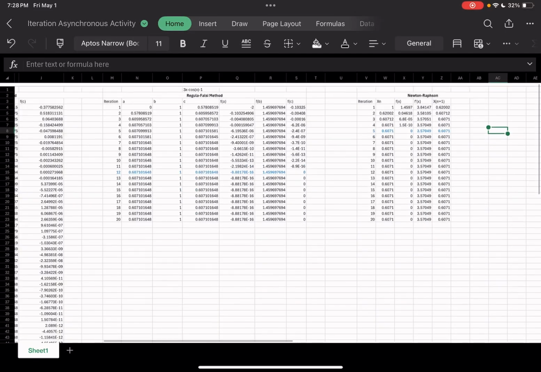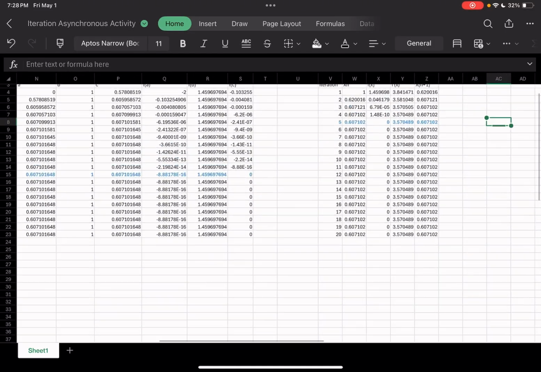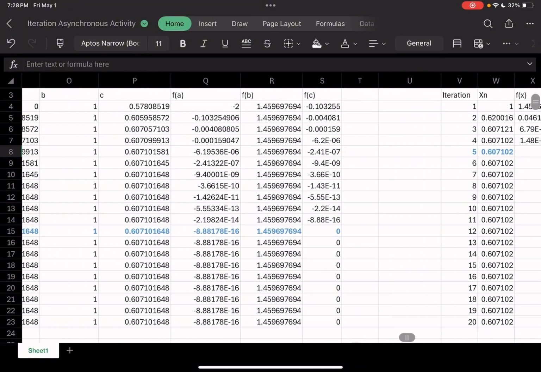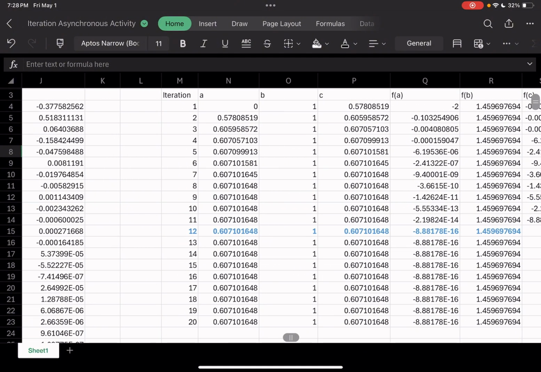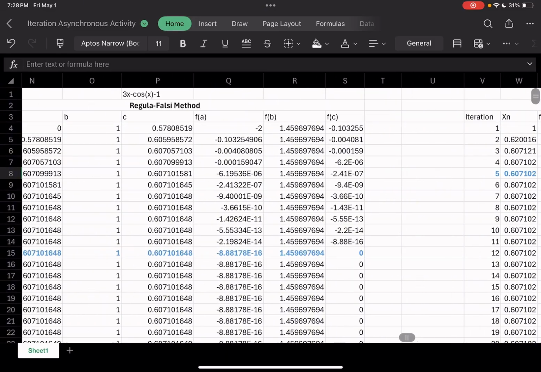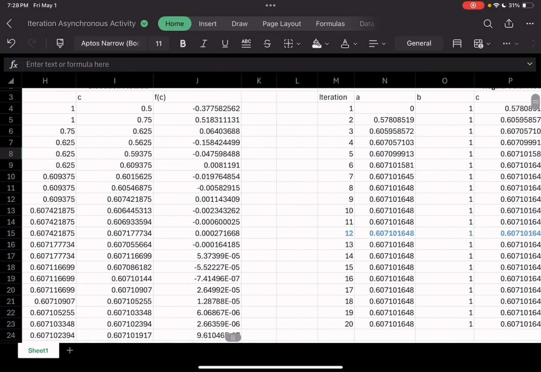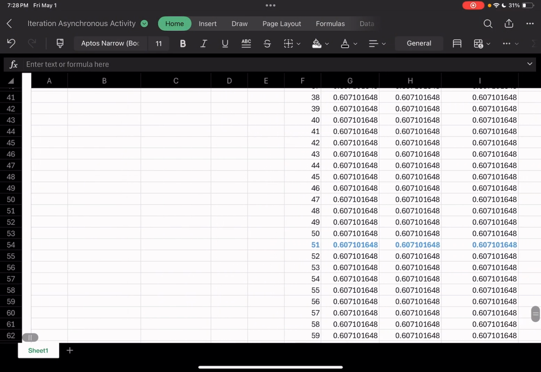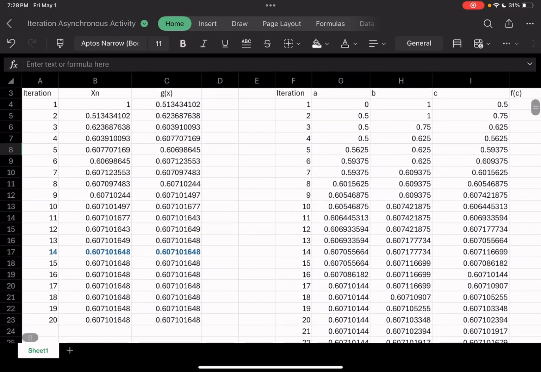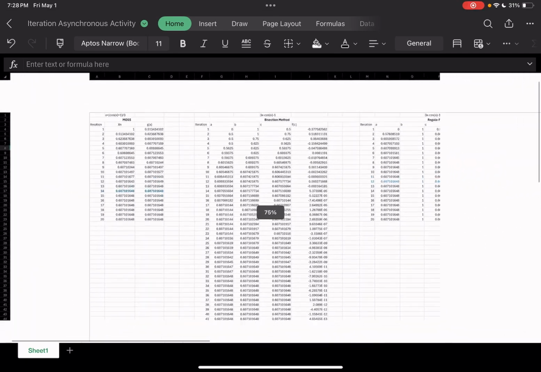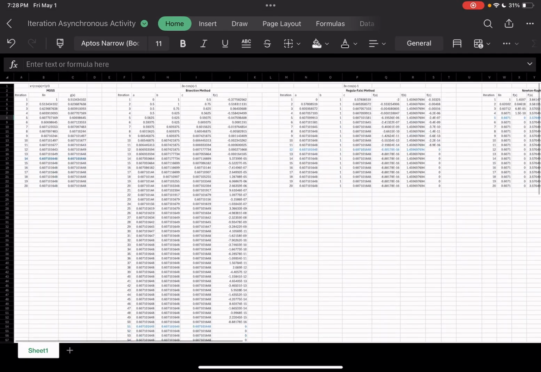As you can see, our roots are the same: 0.6071, which is also the same right here and right here. This proves that our methods are correct. That would be all. Thank you.